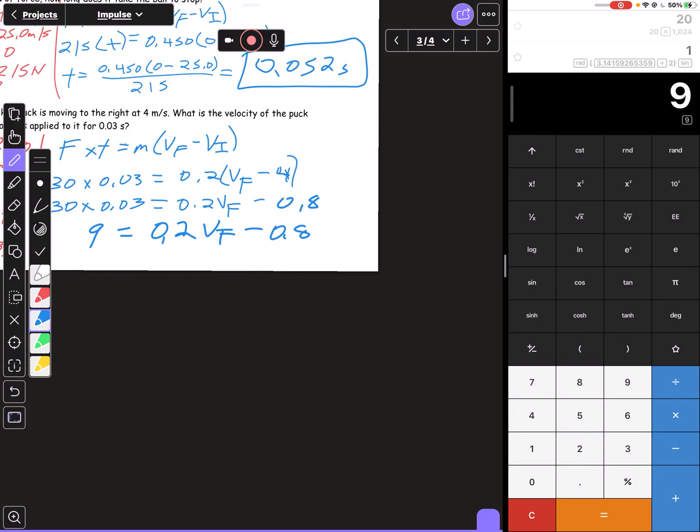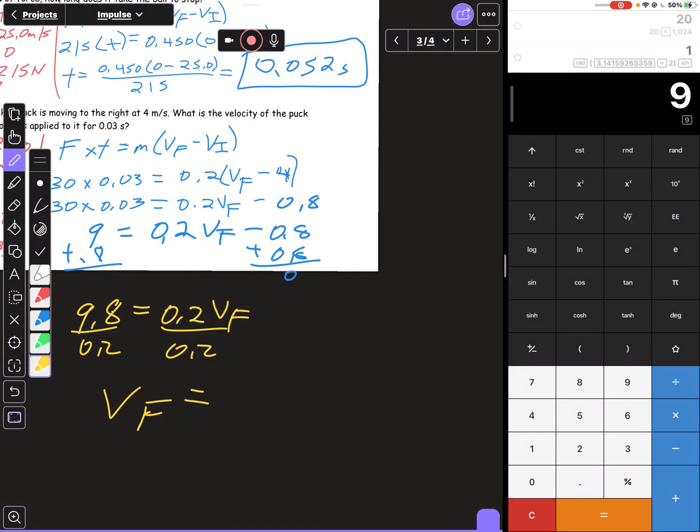So I add it here, and that becomes 9.8 equals 0.2 vf. Then I want to divide both sides by 0.2.